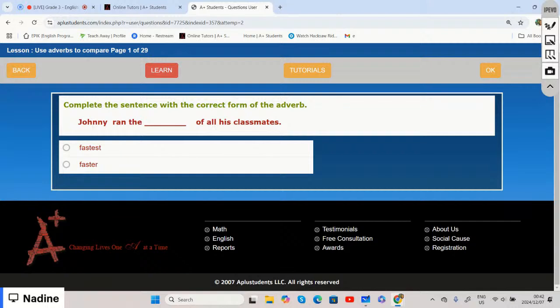So Johnny ran the fastest. Because remember, that is the superlative, right? So yes, well done. The fastest, which is option one.